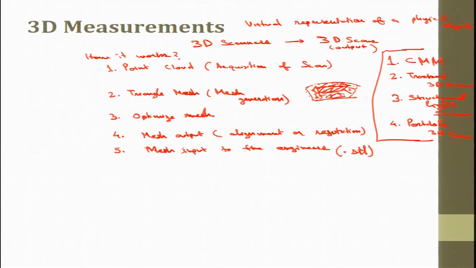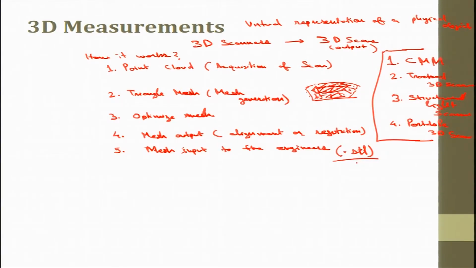Computer software can be used to clean up the scan data, filling holes, correcting errors, and improving data quality. The resulting triangle mesh is typically exported in STL format, and we can convert it into known forms, like B-spline or Bezier curves if possible.